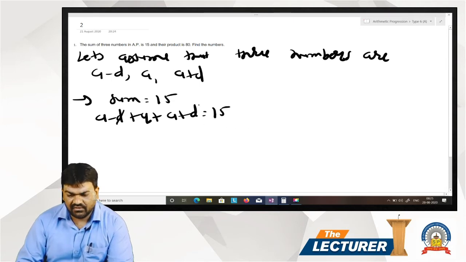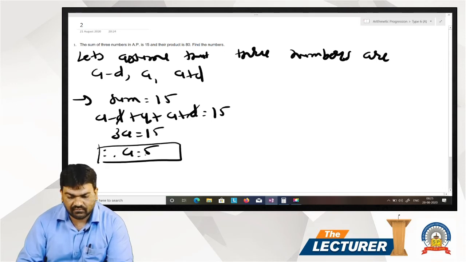D plus minus cancel. So 3A is equal to 15. That's why A is equal to 5.